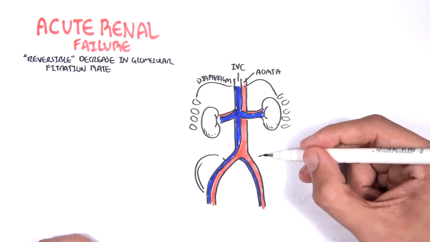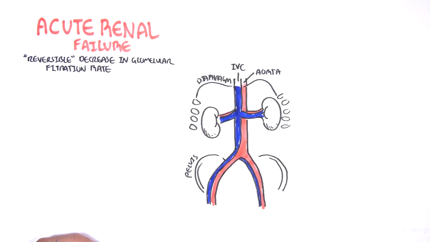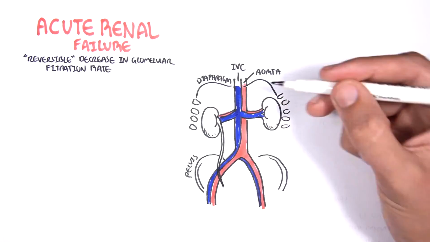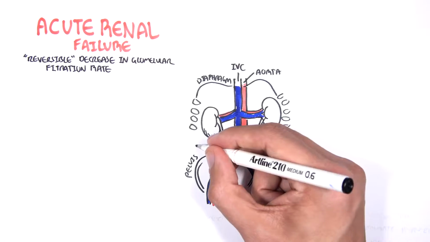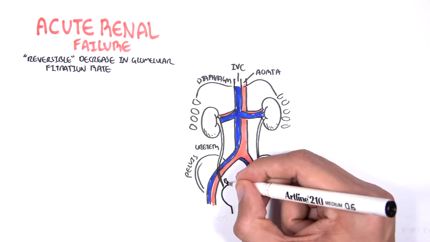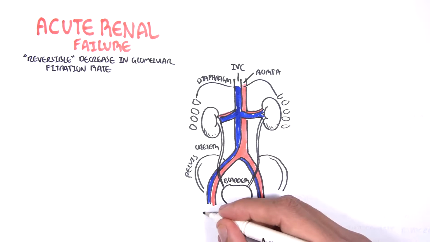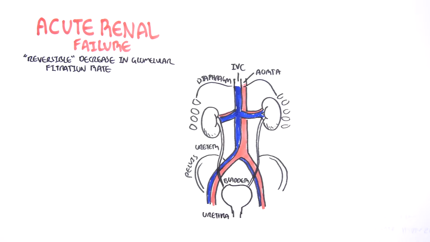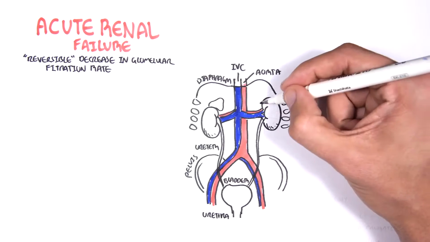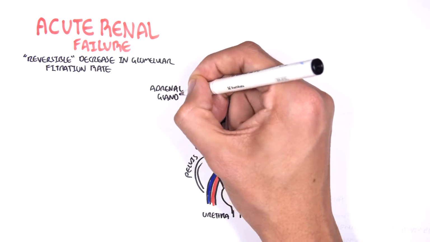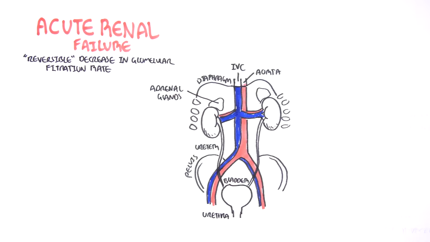Now the kidneys, as we know, produce urine, which will travel through the ureter and go to the bladder. Urine is stored in the bladder, and when needed, the bladder will contract and expel urine through the urethra. Now above the kidneys, we have glands known as adrenal glands, which are important because they produce some important hormones.